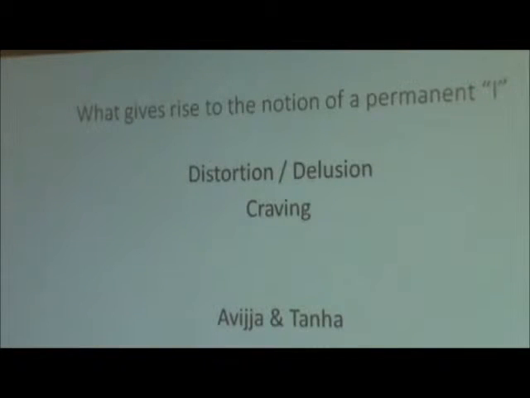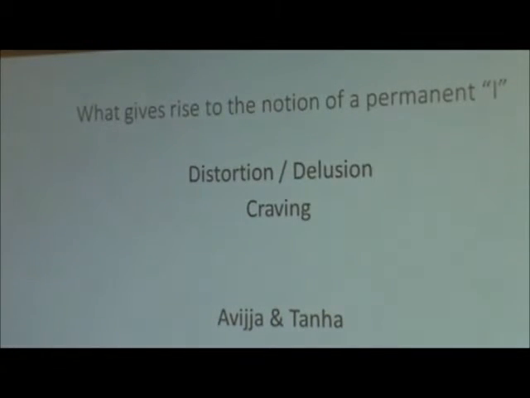I guess my takeaway was, I was thinking that the five aggregates led to the permanent I, but that's wrong. We can say maybe it's not seeing the five aggregates. Maybe, yeah, that's interesting. Maybe the split functioning of the five aggregates. Like what the Buddha says, that when people try to justify the notion of a permanent self, they will rely on one of these aggregates.